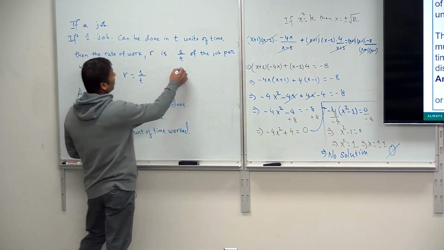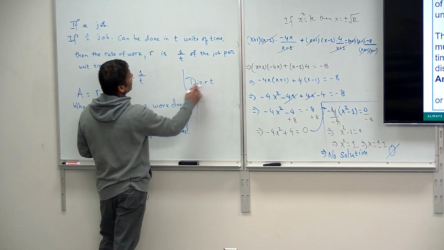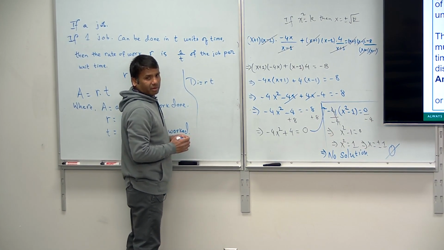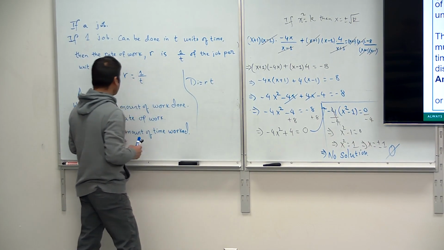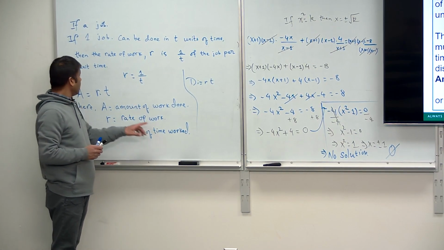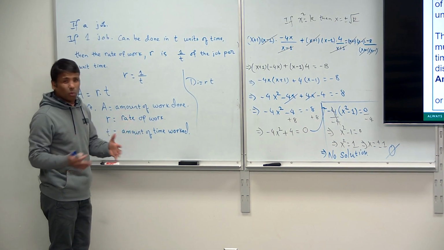It's something like, you remember, D equal to RT, D is the distance, R is the rate, and T is the time. You remember that? It's similar to that one, right? This R is the rate of work, and T is the amount of time worked, and A is the amount of work done or work completed, whatever.